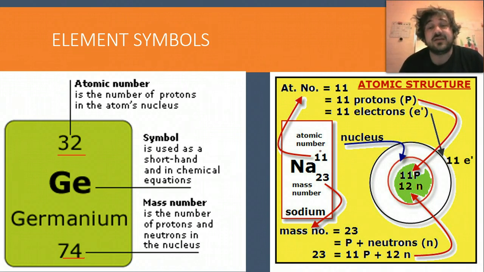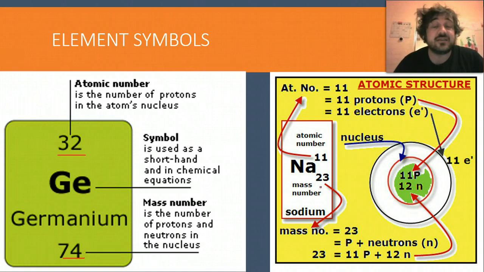So if an atom has 11 protons, it's sodium. If an atom has 11 protons, it is always sodium. It's never anything different. Now, sodium has 12 neutrons. The mass number for this is 11 protons plus 12 neutrons. So if you want to know how many neutrons something has, you take the mass number minus the atomic number, and that gives you the number of neutrons.